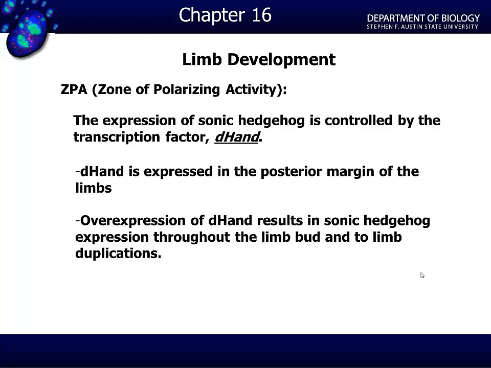And once again, if we overexpress DHAND, we are going to cause the limb and the digits to duplicate, not necessarily in the same way we saw with sonic hedgehog, but apparently we do have a relationship between the transcription factor for sonic hedgehog and for duplication of digits.